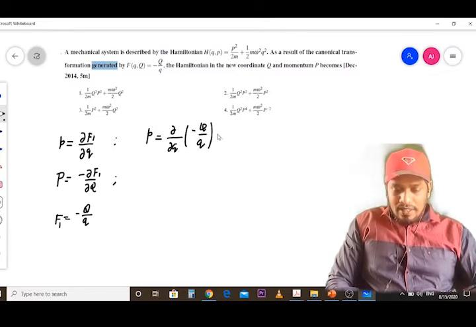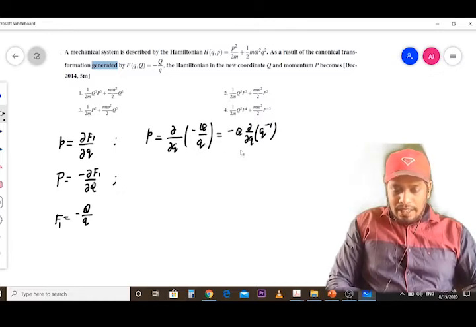If you are taking the derivative, capital Q is constant, because the derivative is with respect to the old position coordinate; the new coordinate is a constant and you can take it outside. The minus also you can take out. For the derivative of 1 by q, you can push the denominator q to the numerator; it will be q power minus 1.